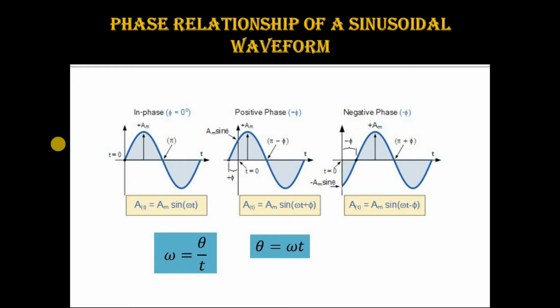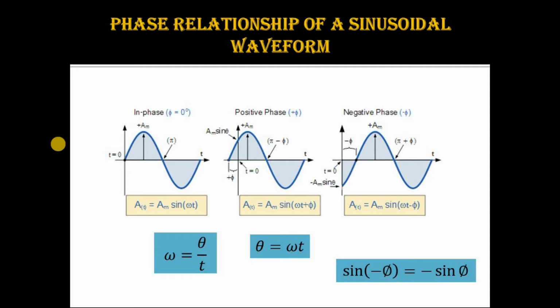So what will be the value of the waveform when omega t equal to 0? At angle theta equal to 0, what is the value of the waveform? How to find it? In the equation Am sin omega t minus phi, substitute omega t equal to 0. If you substitute omega t equal to 0, we are getting Am sin minus phi. What is sin minus phi?